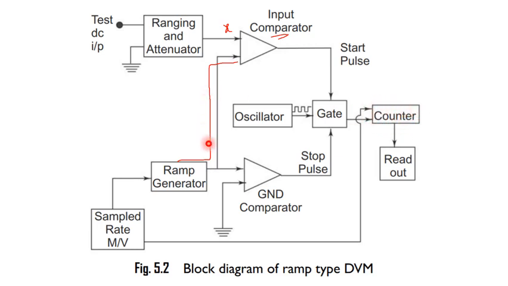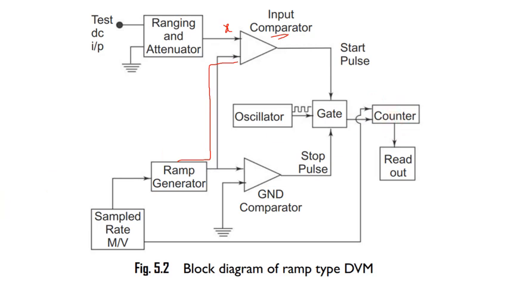When your ramp signal reaches ground level, this ground comparator is going to produce a stop pulse, and the same stop pulse is going to deactivate my gate, and the oscillator pulses will be blocked and they cannot reach the counter.